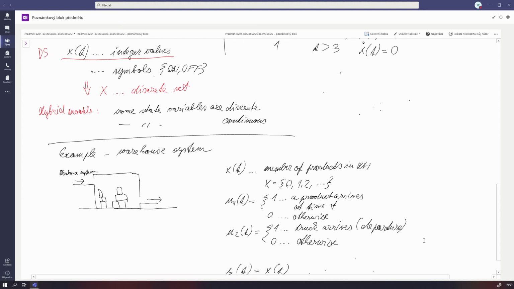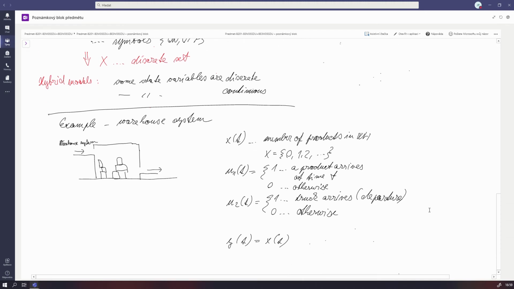So that we can describe the evolvement of the system dynamics at a certain point.